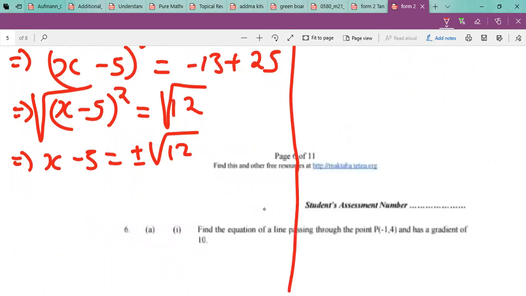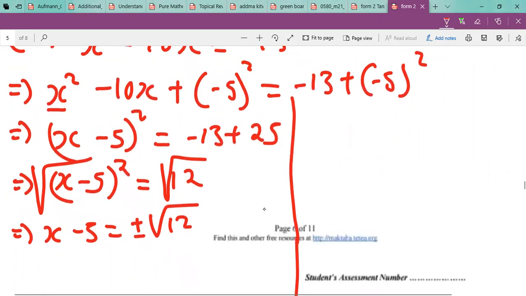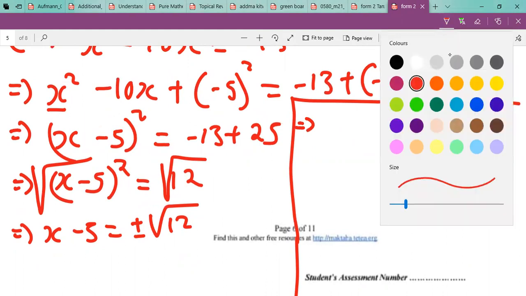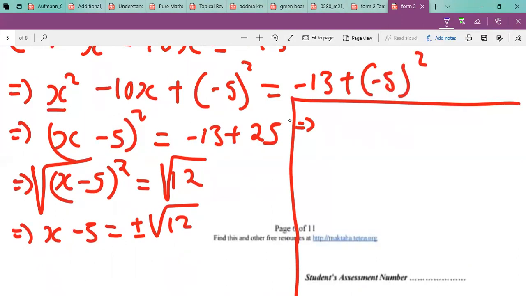Okay, so upon rearranging the terms, x will be equal to 5 plus or minus the square root of 12. This is okay. This is our answer.